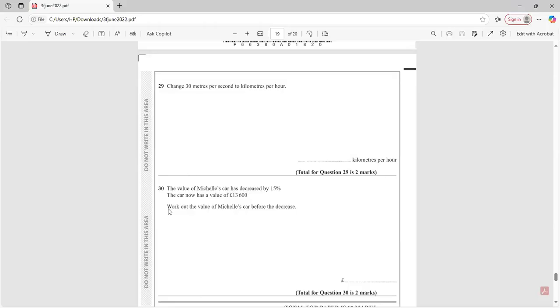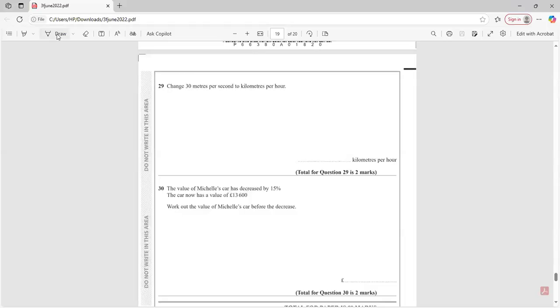Okay. So number 30, the value on Michelle's car decreased by 15%. The car now has a value of 13,600 pounds. Work out the value of Michelle's car before the decrease. Okay, so I think I'll use that method that you're comfortable with.